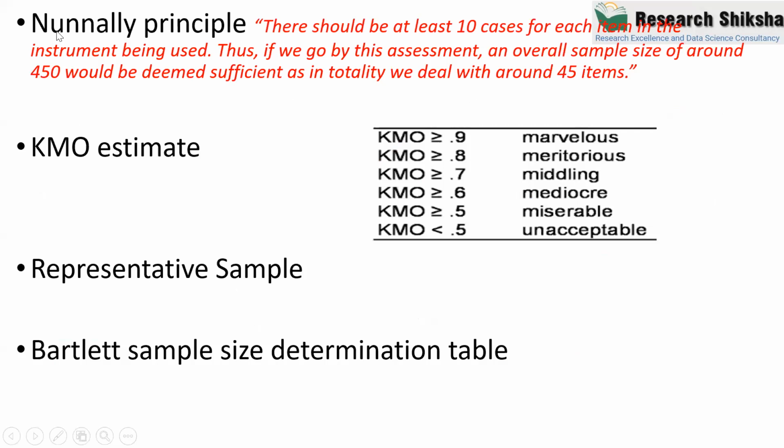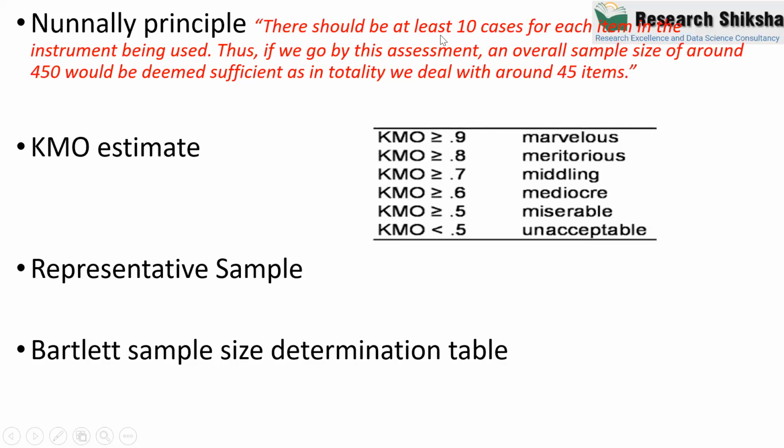One of the methods I found is the Nunnally principle. The Nunnally principle is one of the most popular methods quoted by researchers. They say that first of all, you count your scale variables. How many scale variables are there in your study? If you have 45 items in your study, it means you must have a sample size of 450.